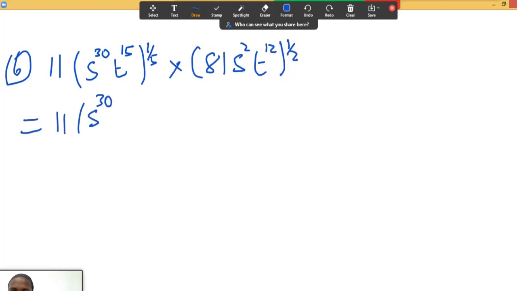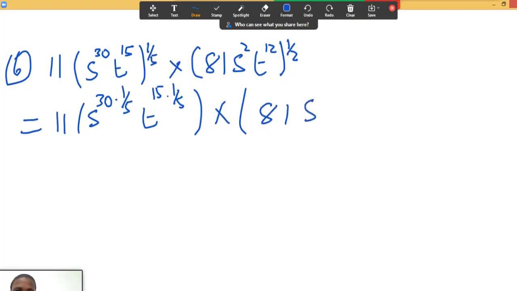s 30 multiplied by 1 over 5, and then we have t 15 multiplied by 1 over 5, and then we have multiplication. So here we have 81 s to the power 2 multiplied by half, we have t to the power 12 multiplied by half. We close our bracket.